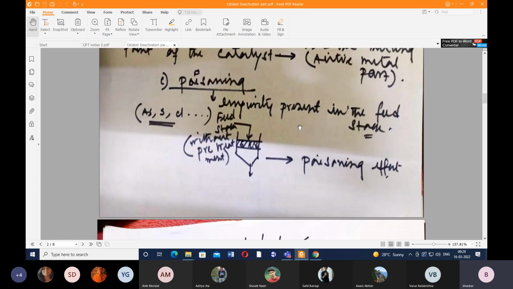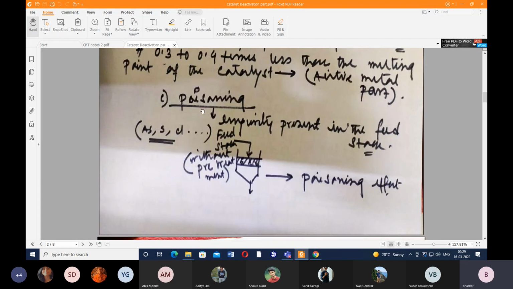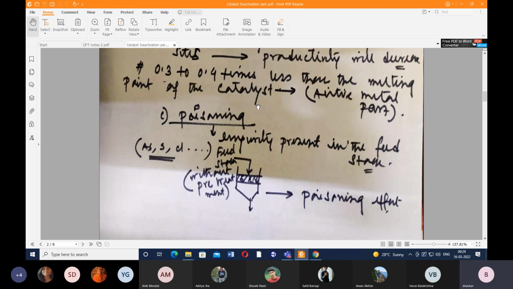So the third one is called poisoning. So what is poisoning? I already told you that if you have impurity in the feedstock, then poisoning can happen. So what is poisoning? Give one example and tell me.